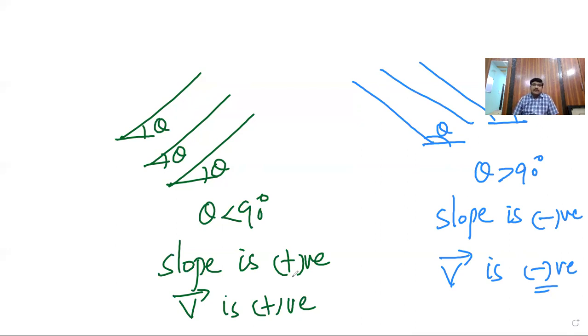Is it clear? I hope you have understood the concept carefully. If the graph is like this, with theta with respect to the positive x-axis, then tan theta is positive, slope is positive, velocity is also positive. If the graph is like this, theta is more than 90, so tan theta becomes negative.